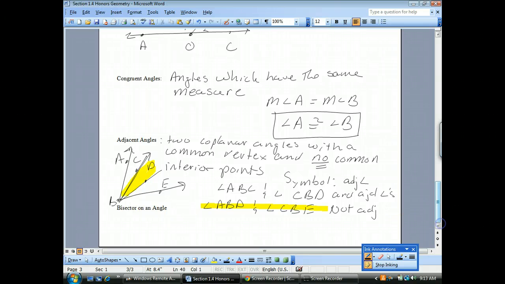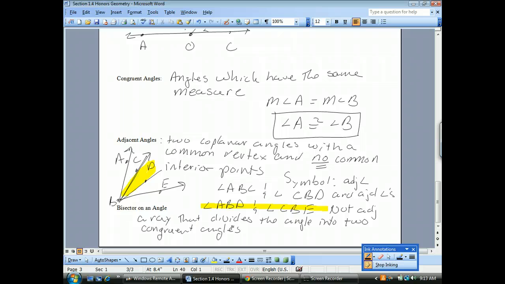And then finally we have an angle bisector. The angle bisector, or bisector of an angle, is a ray, must be a ray, that divides the angle into two congruent angles.